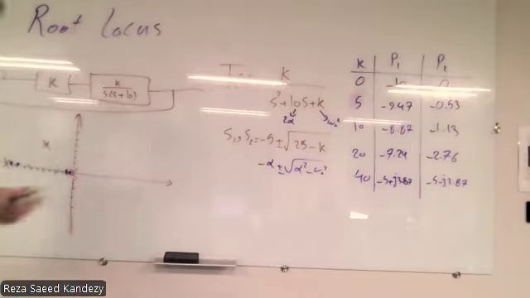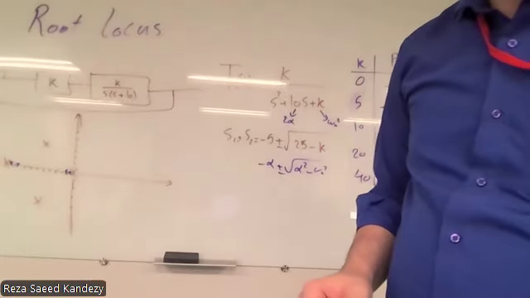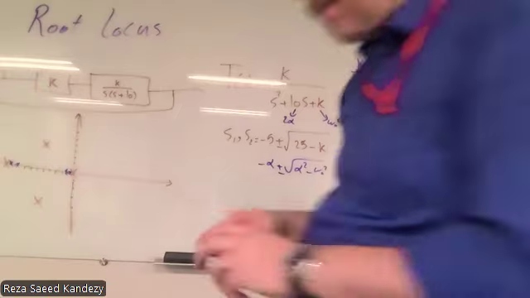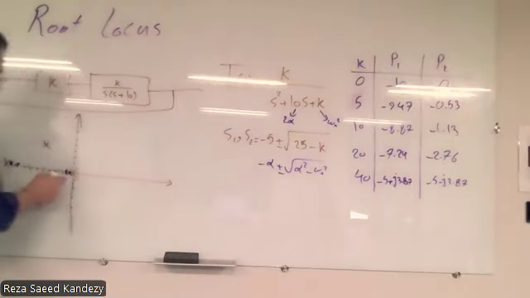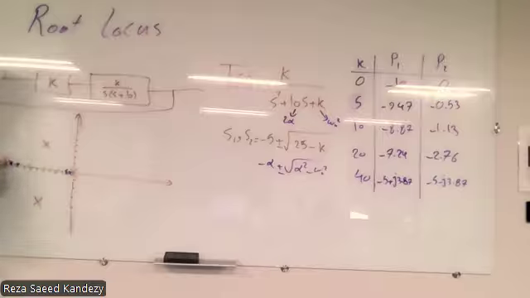Now, look at the movement of my first pole as I increase the K. It moved from here. I have to do that in the actual line, but I want you to see, so I'm gonna move it here. It should actually be on the x-axis because this is the place of those poles.